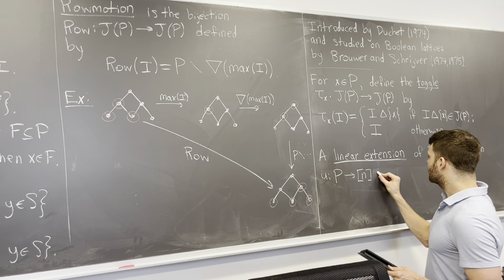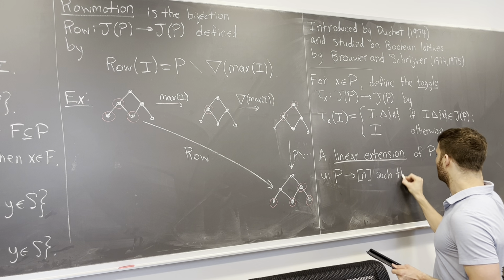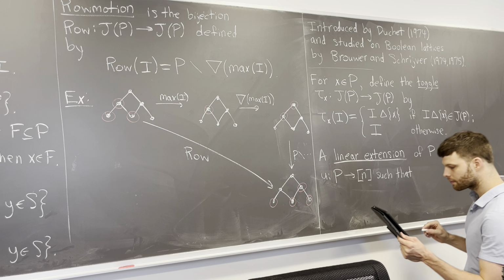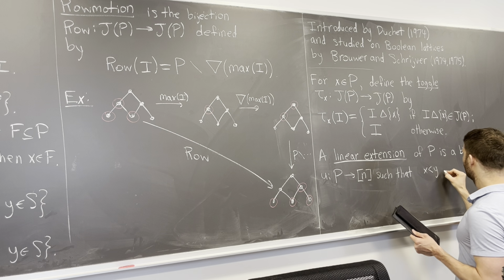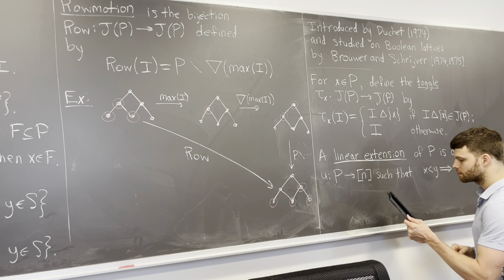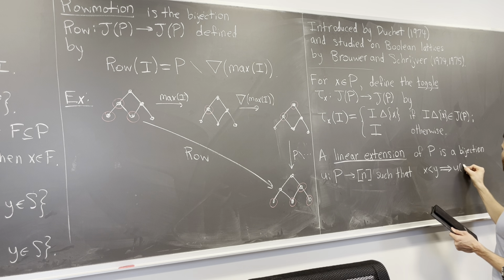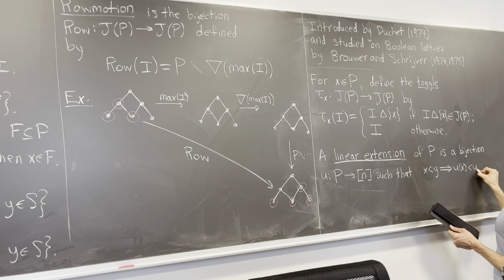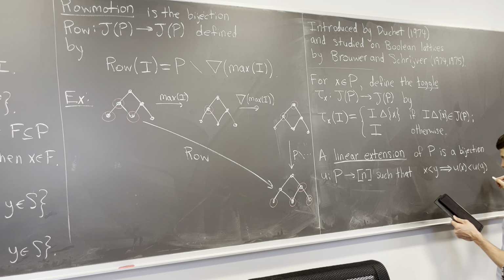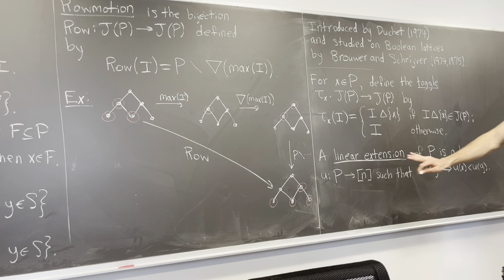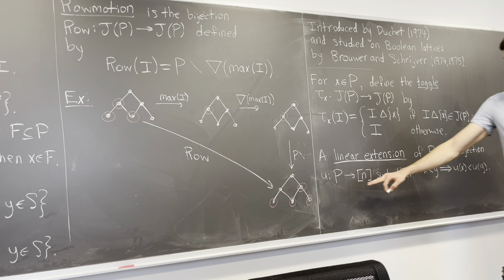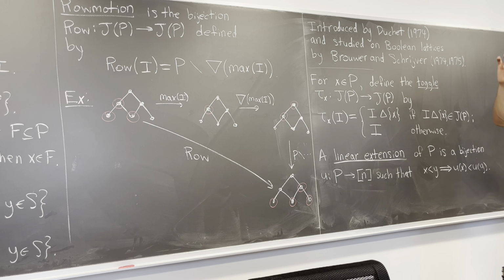And this is such that whenever x is less than y in the poset, that implies that u of x has to be less than u of y as numbers. So if I think of labeling my poset P with u, think of u as a labeling that assigns a number to every element of the poset, the number should be increasing as I go up the poset.